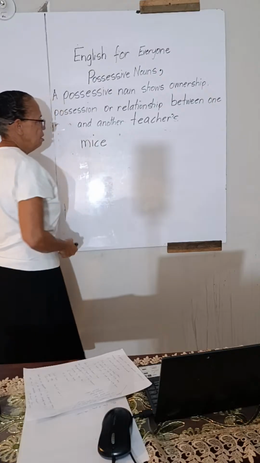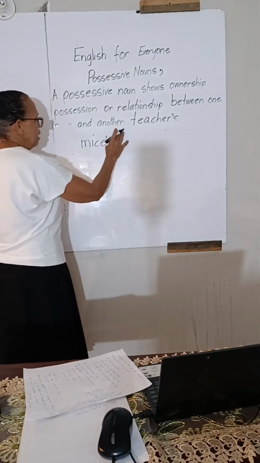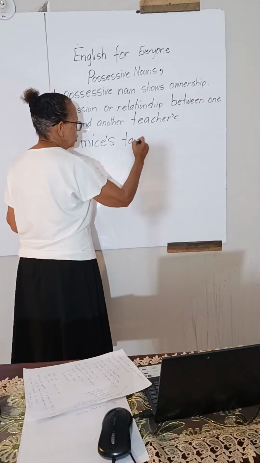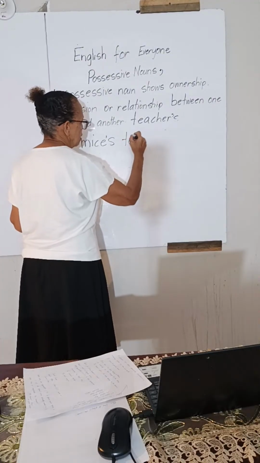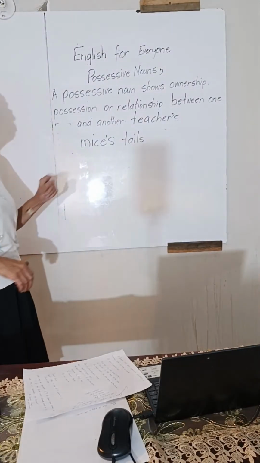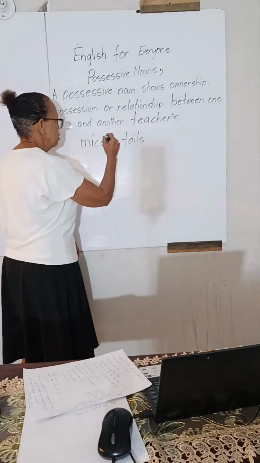Normally that's an irregular, but mice's tails, the tails belong to the mice. More than one. When these are irregular, if you have to show possessive, you have to put this.